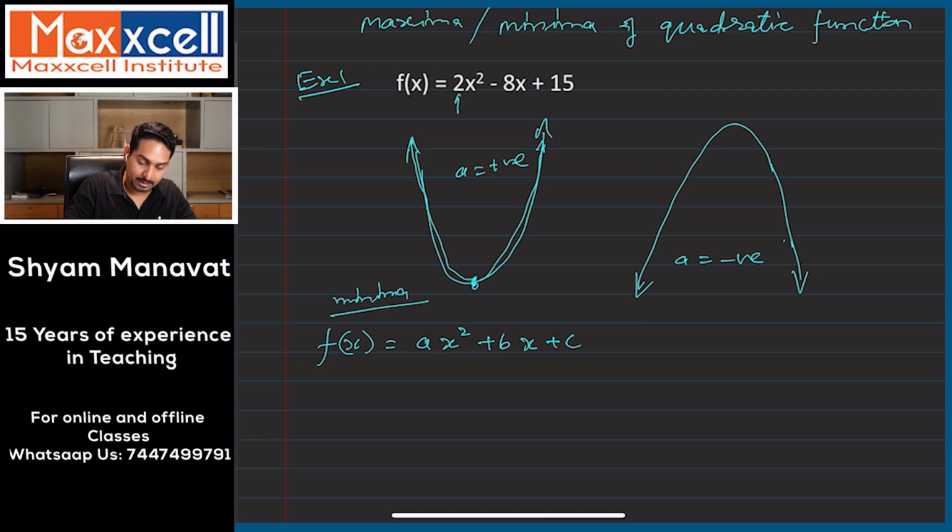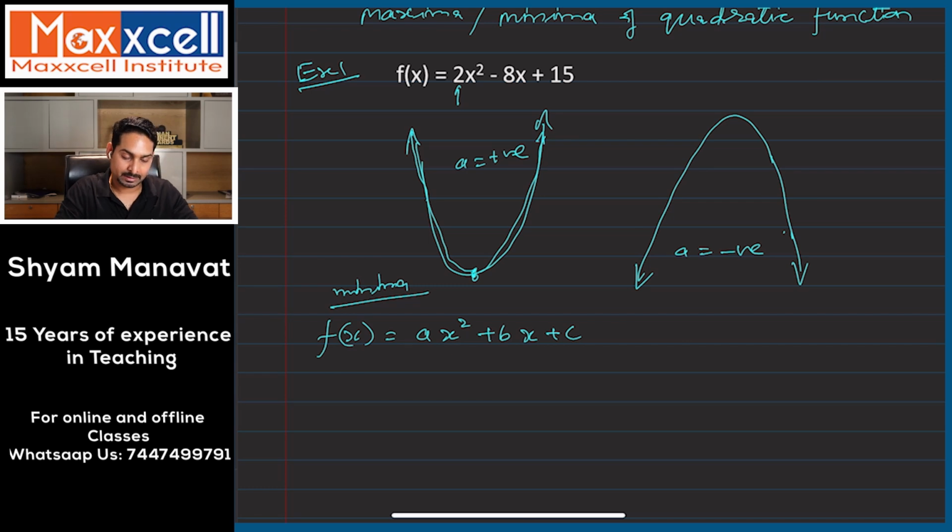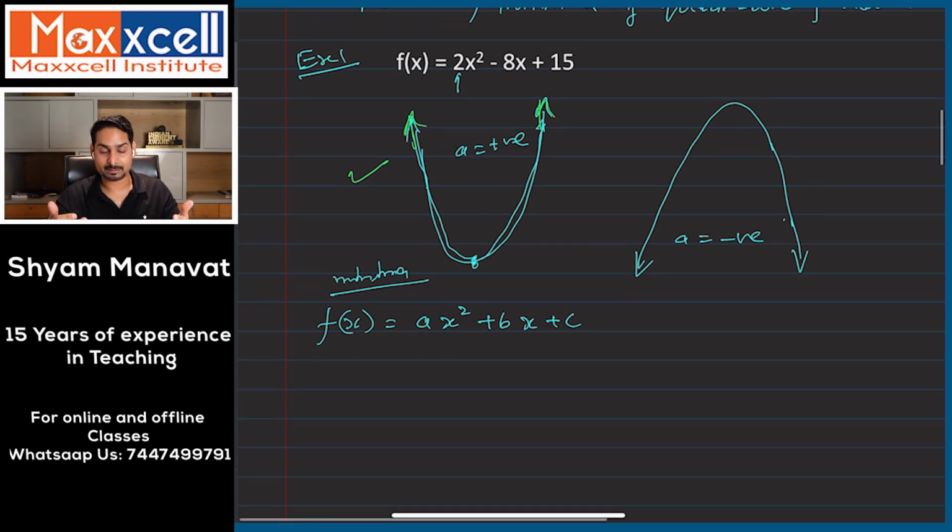Is there any confusion here? It will have a minimum value because, see, maximum will not be defined. Think about it. If the graph is this way, it will go upward up to infinity, right?